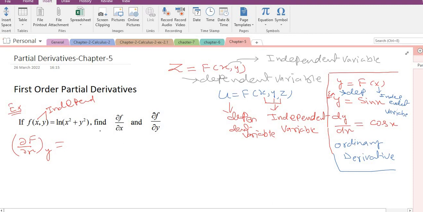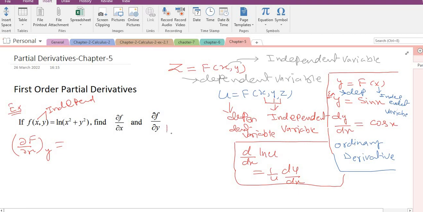Here I want to use the chain rule: d dx of ln of u is 1 divided by u into du dx. If you observe, u is equal to x square plus y square.